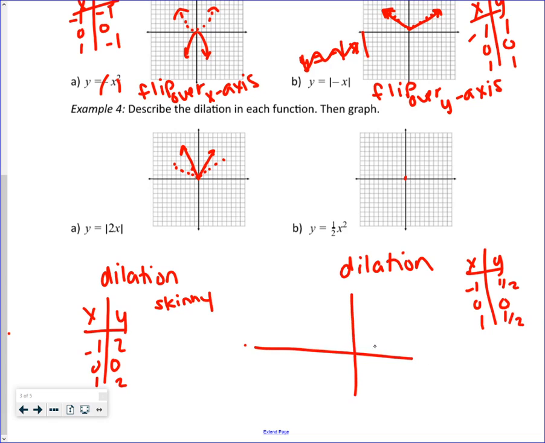I'm going to make it bigger. That's hard to see. I don't like that. If I do 0, 0, 1, a half, negative 1, a half, nice smooth curve. If I graph my original, it was at 1, 1, and negative 1, 1. Do you see how mine got fatter? Fraction fat, fraction fat, fraction fat. Okay?